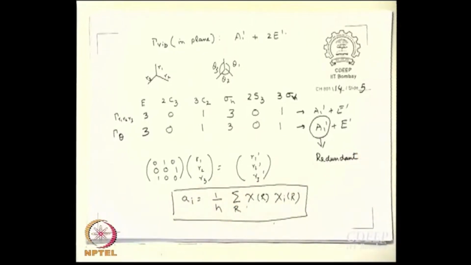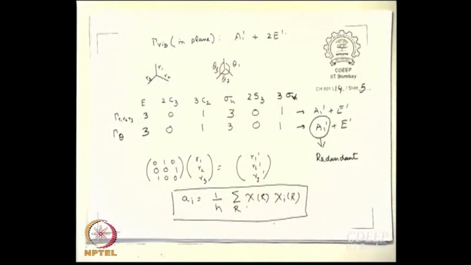And you can identify the redundant coordinate pretty easily, because what does A1 dash mean? A1 dash is a totally symmetric representation, right? Now, is it possible that all these angles will increase? So, what is plus, what is minus in this case? Increase is plus, decrease is minus, right?